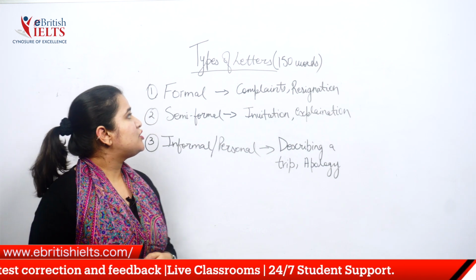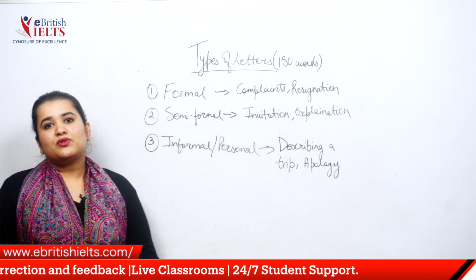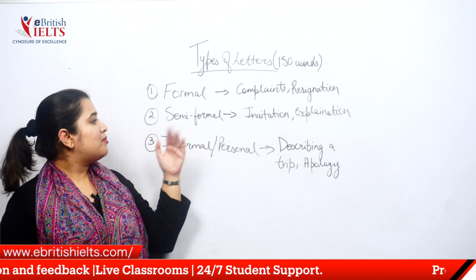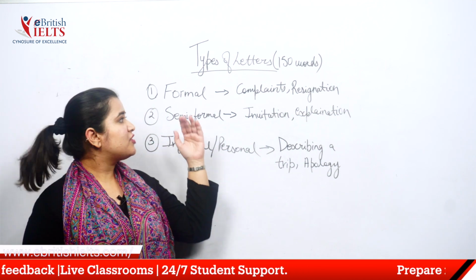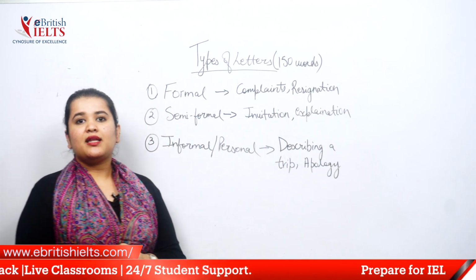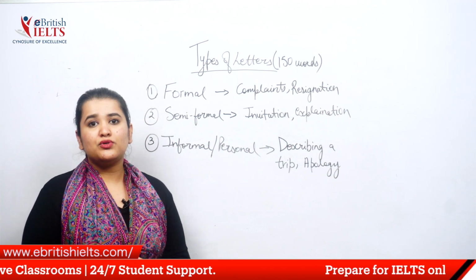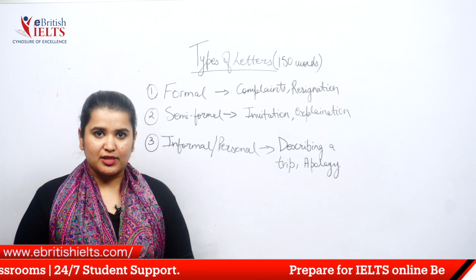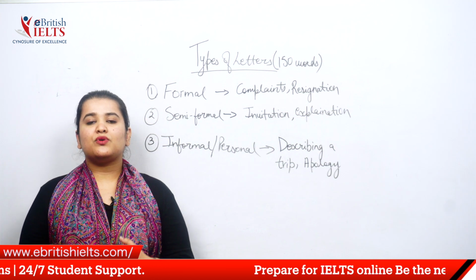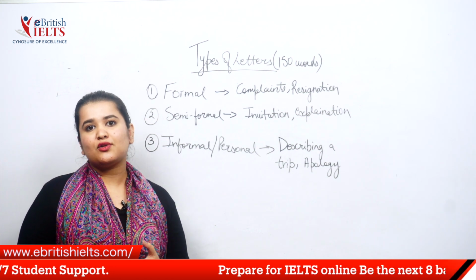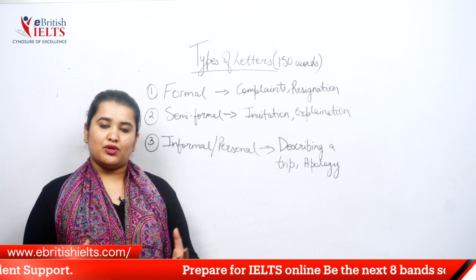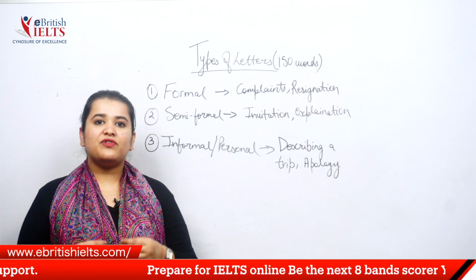Okay, now coming to the types of letters. There are broadly 3 types of letters: formal, semi-formal and informal. The first is the formal letter. When we write a formal letter, we don't know the name of the person it is being addressed to. It is usually addressed to a formal organization or a person of authority. So the tone of the overall write-up will be very formal.